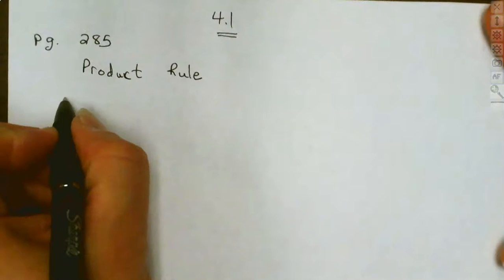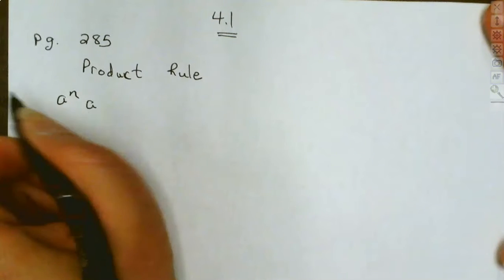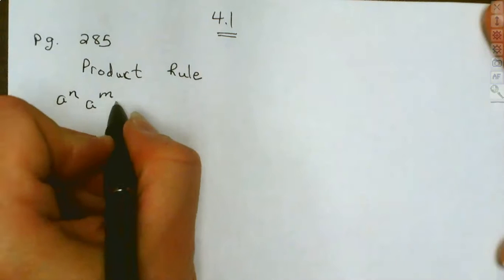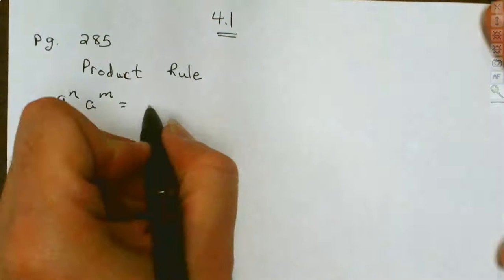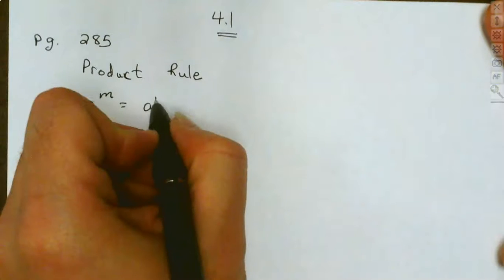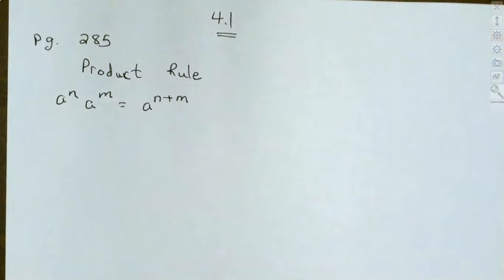So I use the same variables as what they have for our definition. So a to the n times a to the m is a to the n plus m power. So what does that mean? That means when we multiply, the exponents are going to add together.